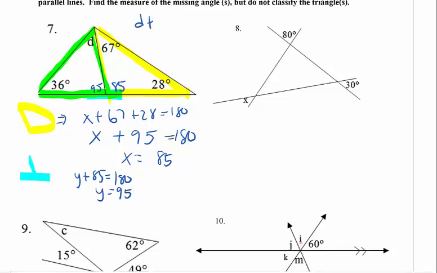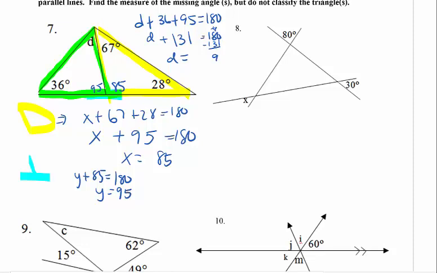So d plus 36 plus 95 equals 180. So I add these two together. This is going to give me 131. Subtract the 131 from both sides.